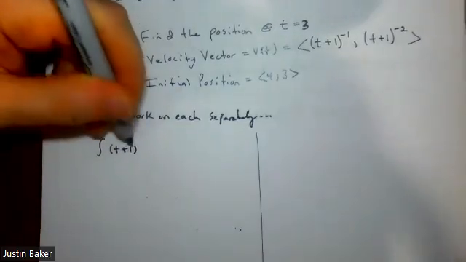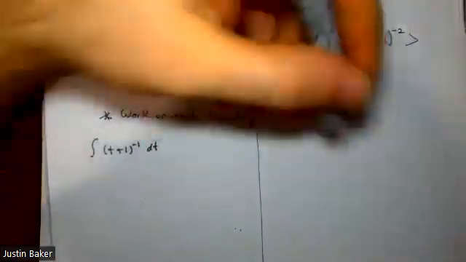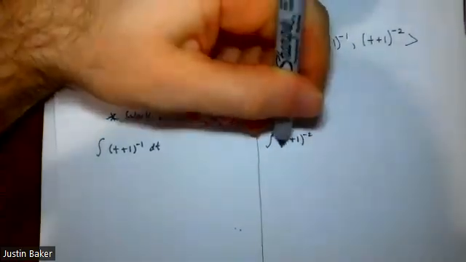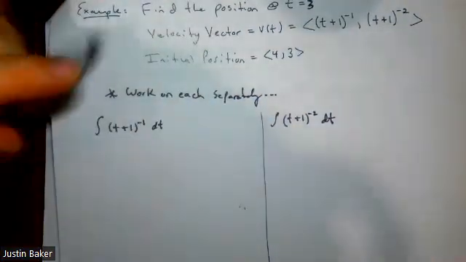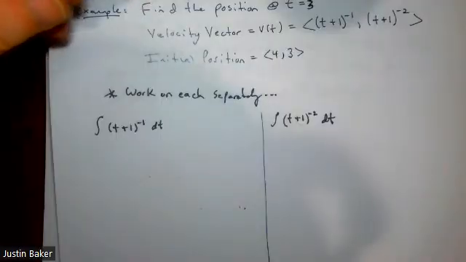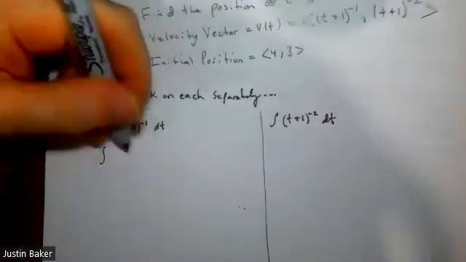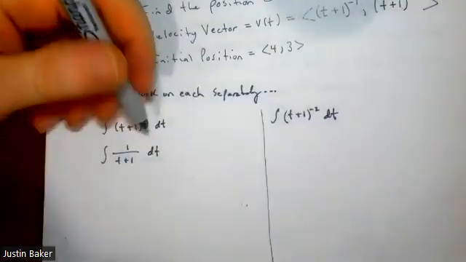So we're going to integrate (t plus 1) to the negative 1 dt, and we're also going to integrate (t plus 1) to the negative 2 dt. First thing I'm doing here is flipping this one downstairs, so that's 1 over t plus 1 dt.